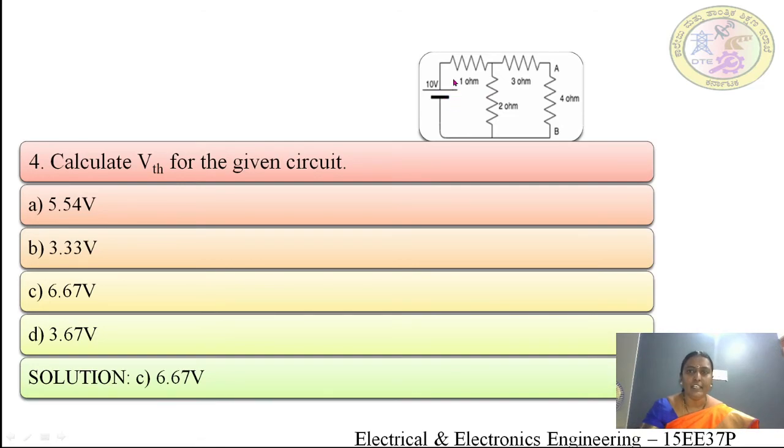Then find the current flowing through the circuit, which is 10 divided by 1 plus 2, that is 10 divided by 3, equal to 3.33. We multiply that by 2, so the voltage across the 2 ohm resistance is the Thevenin's voltage, that is 6.667.